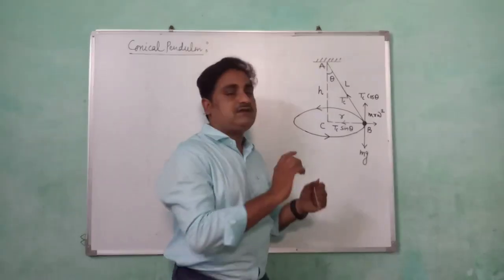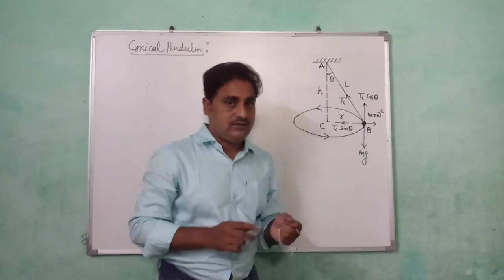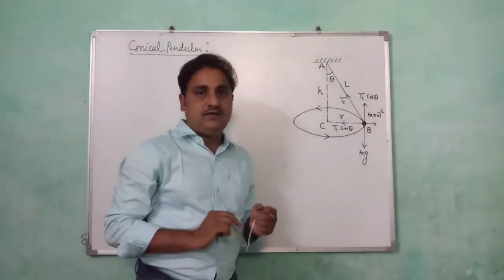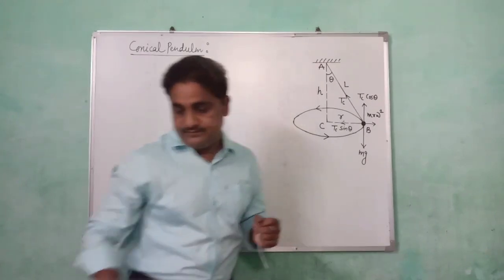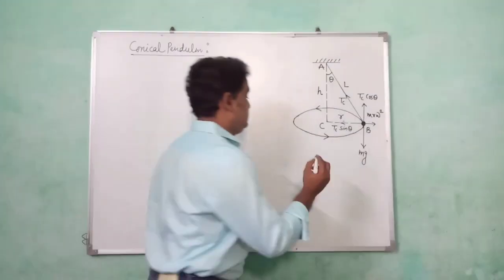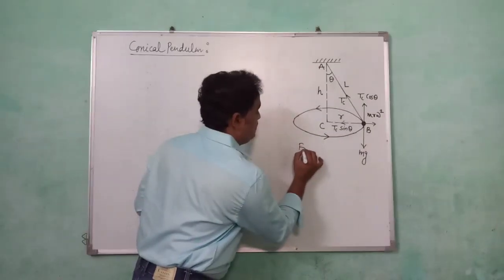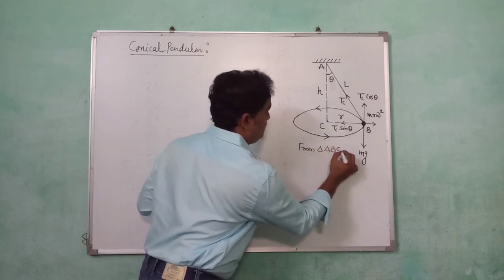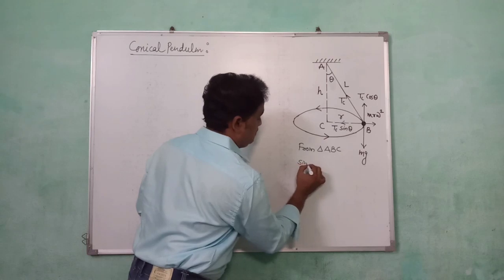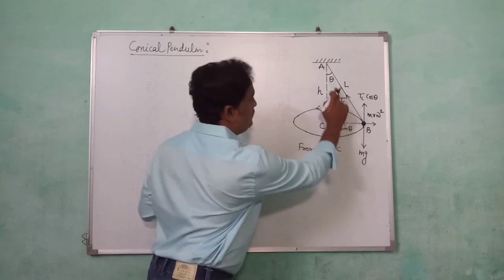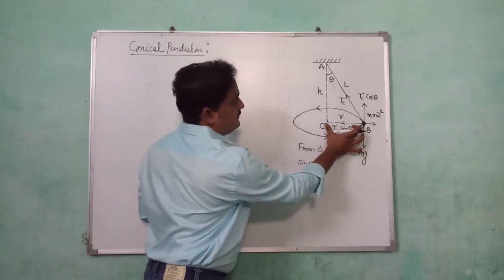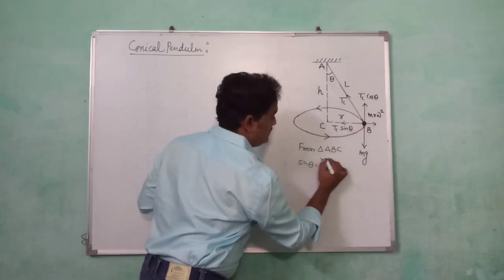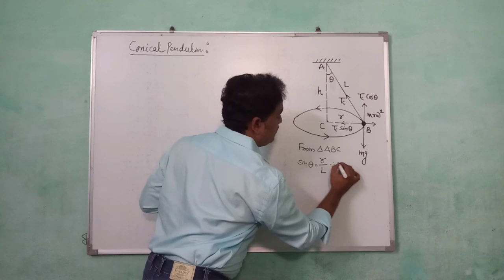So try to understand the geometry of the figure. There is one triangle ABC. From this triangle ABC, sin theta is equal to R upon L. Therefore, what is the value of R?